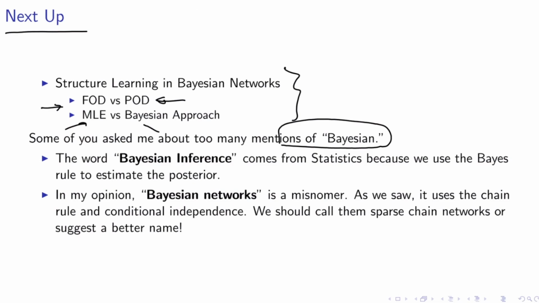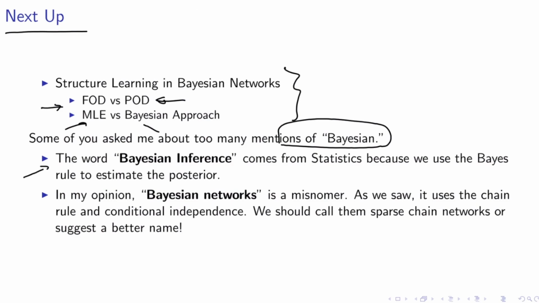This is unfortunate because of some of the names that exist in the field. I like one mention of the word Bayesian, and I don't like the second mention of the word Bayesian, which is included on the slide.